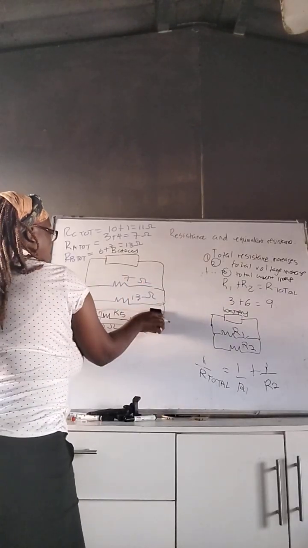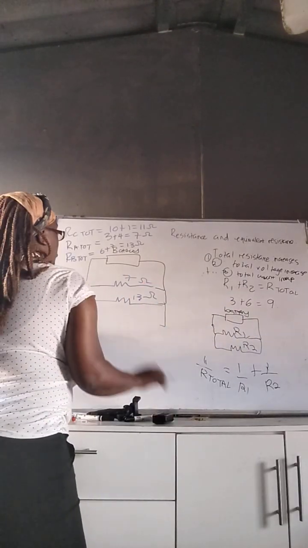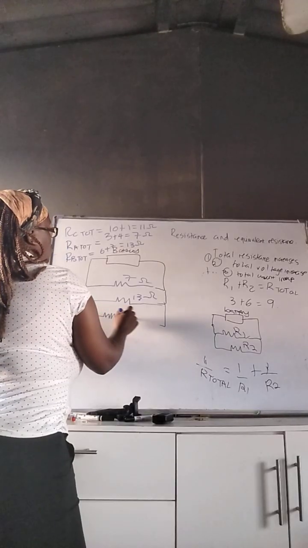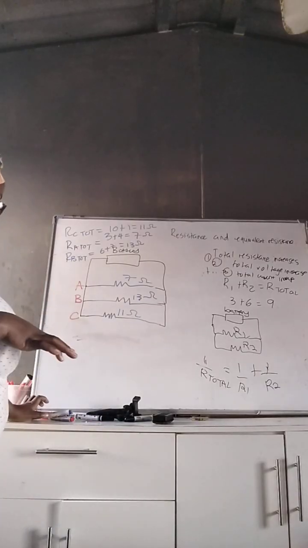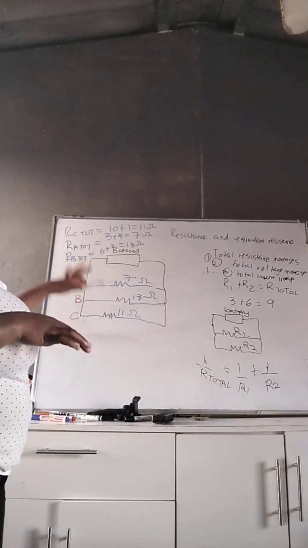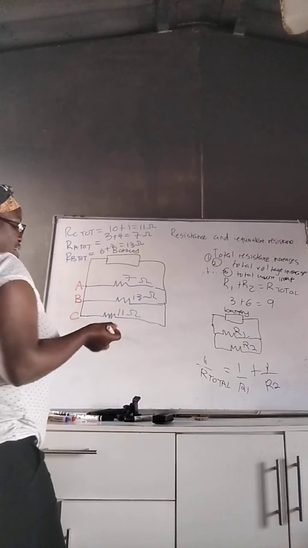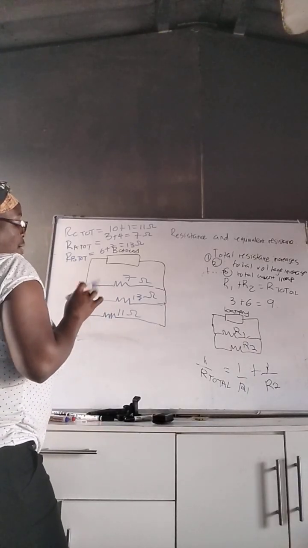And this part we are going to erase it, and it's now going to be 11 ohms. So now, can we see that it's like this? Can we see that our circuits are now in parallel?